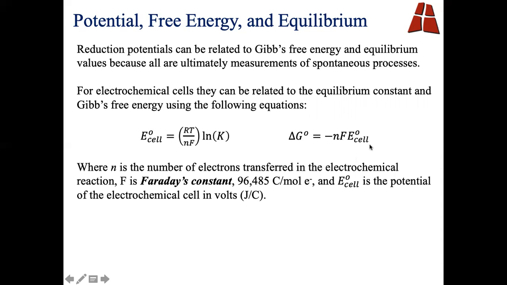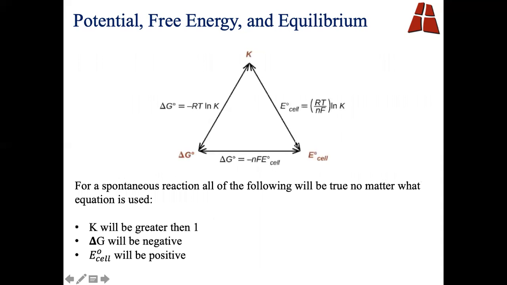We also have an equation that relates our cell potential to our Gibbs free energy. What we can do is construct this super cool triangle where we can relate our equilibrium constant with our delta G value, relate our equilibrium constant with our cell potential, and relate cell potential with Gibbs free energy.